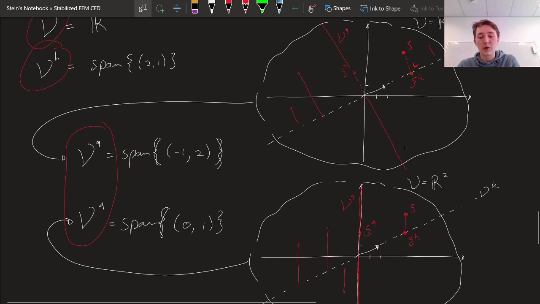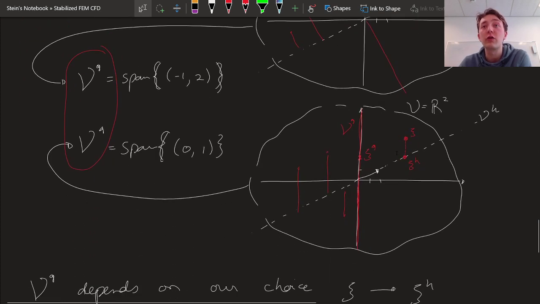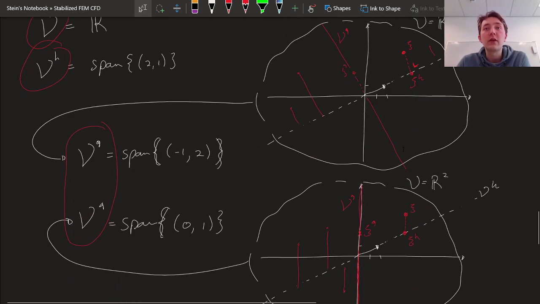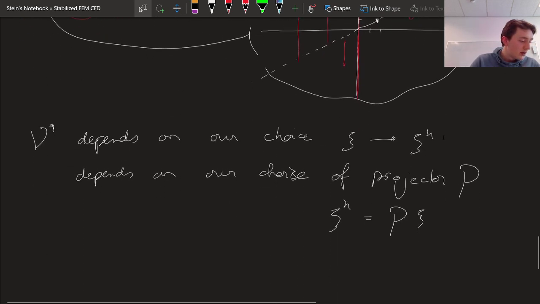So in the first case we use an orthogonal projector, and in the second case we use something we call an oblique projector. And again, it's not obvious that you would want to choose the first one. This is really a choice, and this choice follows from your definition of how I define a good approximation of the original function.